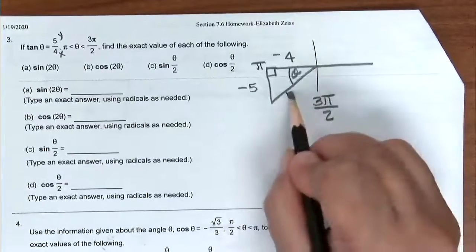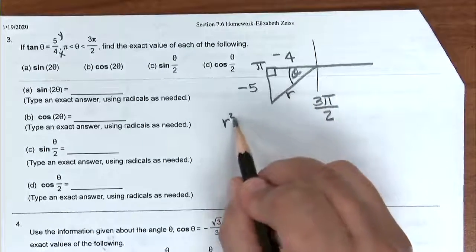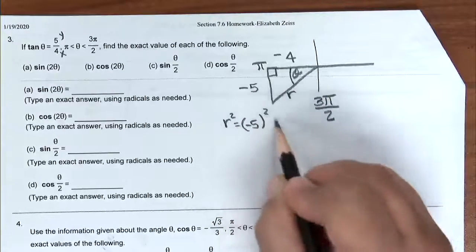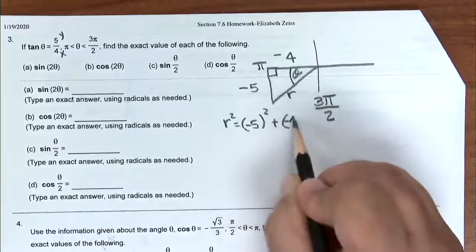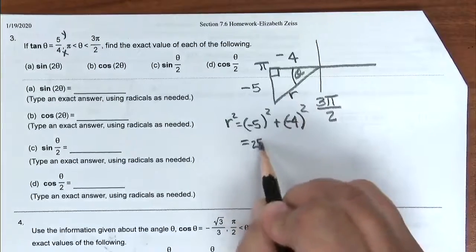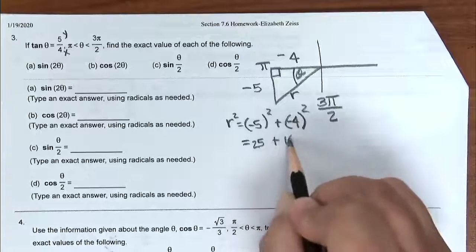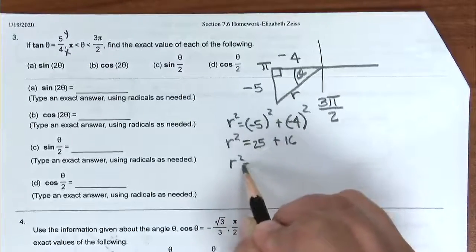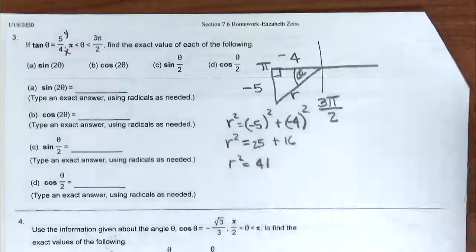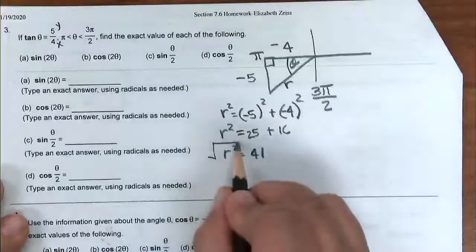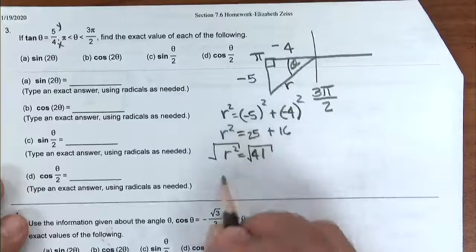So we'll call the hypotenuse r. It's going to be r squared is equal to leg squared plus leg squared. So this is going to be 25 plus 16. So r squared is equal to 41. And then take the square root and you get r is equal to square root of 41.